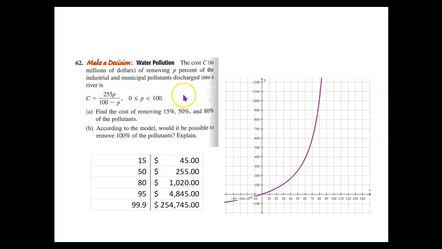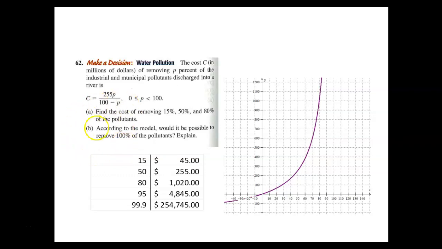So the cost of removing 50% of the pollutants would be $255 million. If we want to remove 80% of the pollutants, plug in 80 for P, we get 1,020. So that would be $1,020 million, or a little over $1 billion.